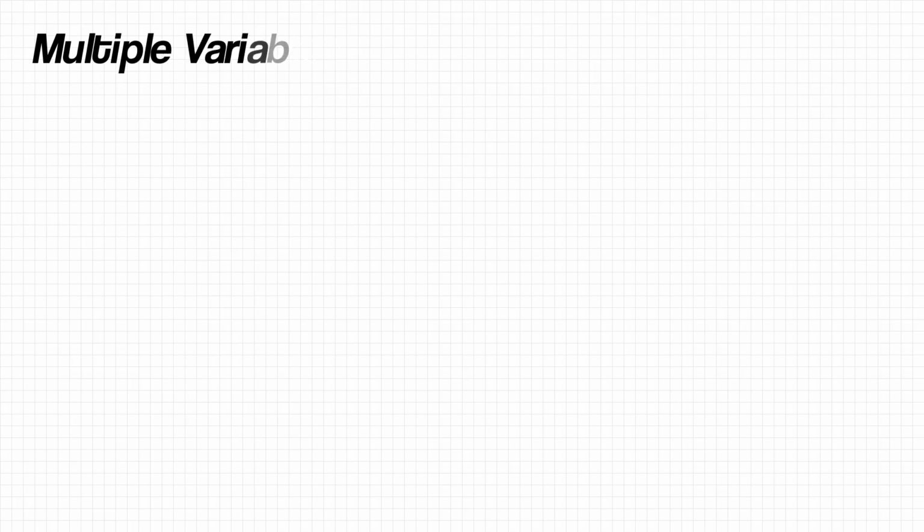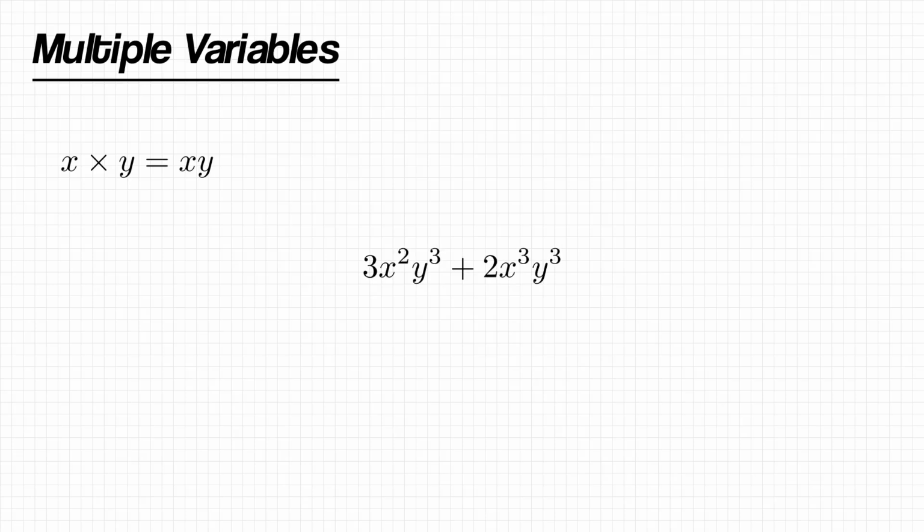Last up, we need to look at algebra that involves more than one variable. If two variables, or a variable and a number, are multiplied together, we notate that by writing them side by side. If we want to collect terms involving multiple variables, we can only do so if the powers on each of the variables are the same.